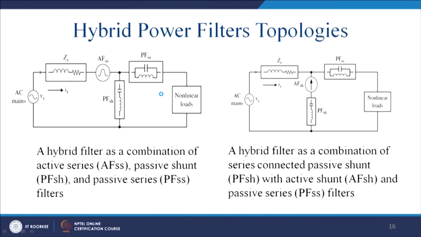And this is also a possible feature: that is your ZS, thereafter just first it will have the active series that will mitigate all the harmonics. It is better because the source of the voltage harmonic is the source inductance due to the nonlinear load, and thus you mitigate all the harmonics coming due to the source inductance.